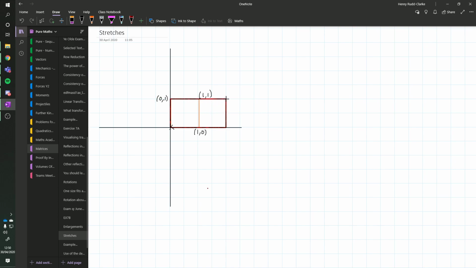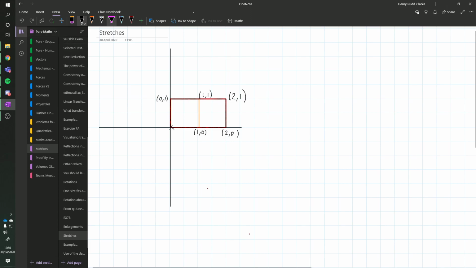So rather than enlarging in the same scale factor in every direction from the origin, I might only want to enlarge, for example, parallel to the x-axis by scale factor 2. So I've stretched this in the x direction. And this coordinate here, the (1, 0), has moved to (2, 0), the (1, 1) has moved to (2, 1), but the (0, 1) has stayed in the same place.